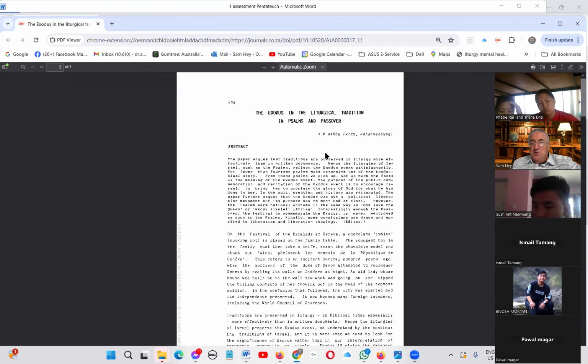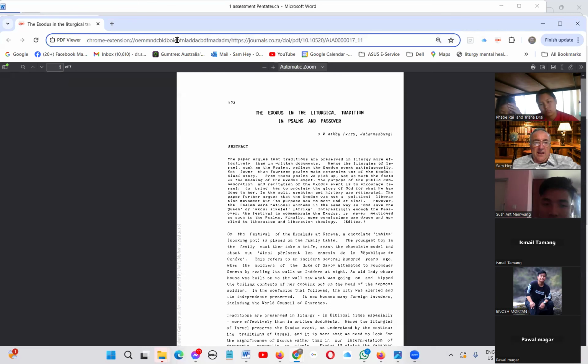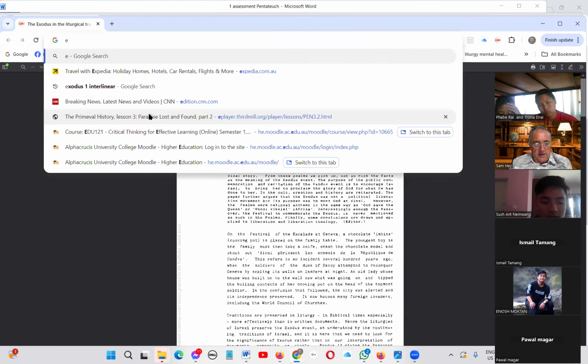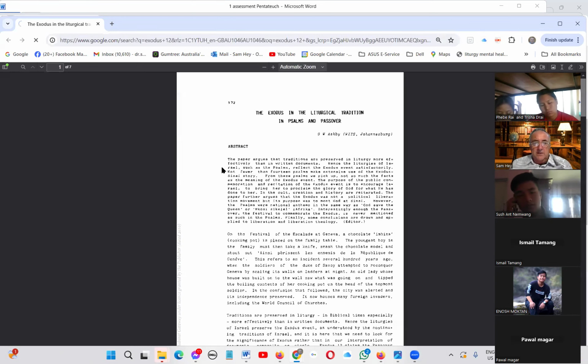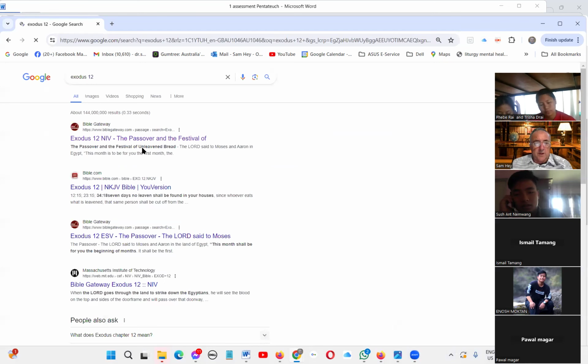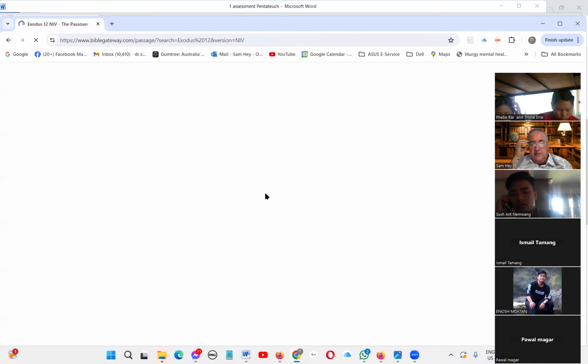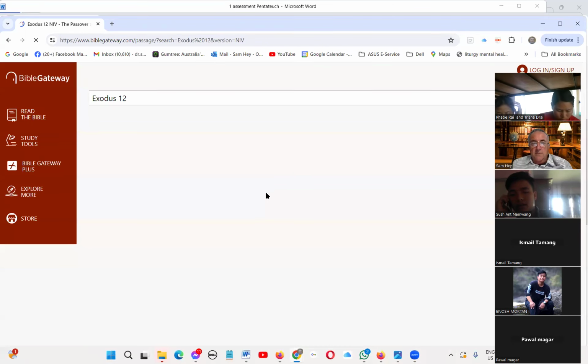Of course, it would be good to read Exodus itself. If you go to Exodus chapter 12, you could read about the Passover when God passes over. I think that would be good. You could quote the verses in Exodus 12 that describe the Passover.